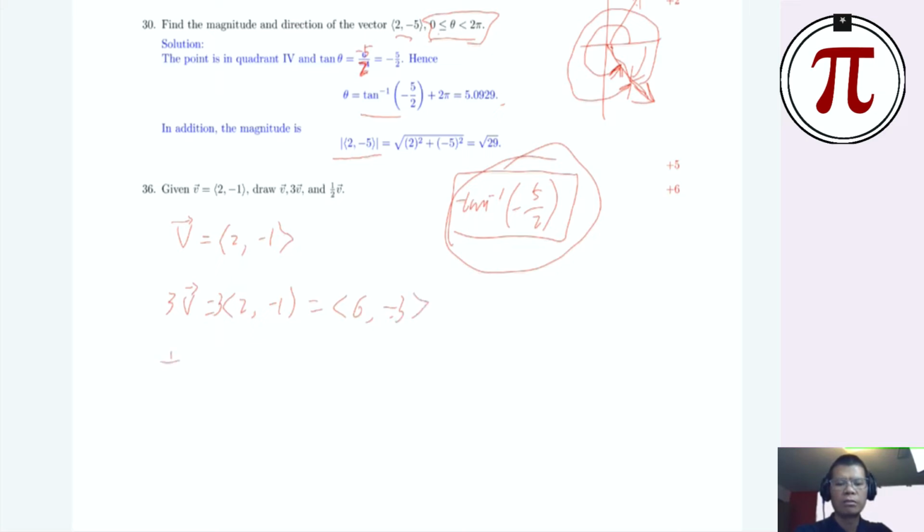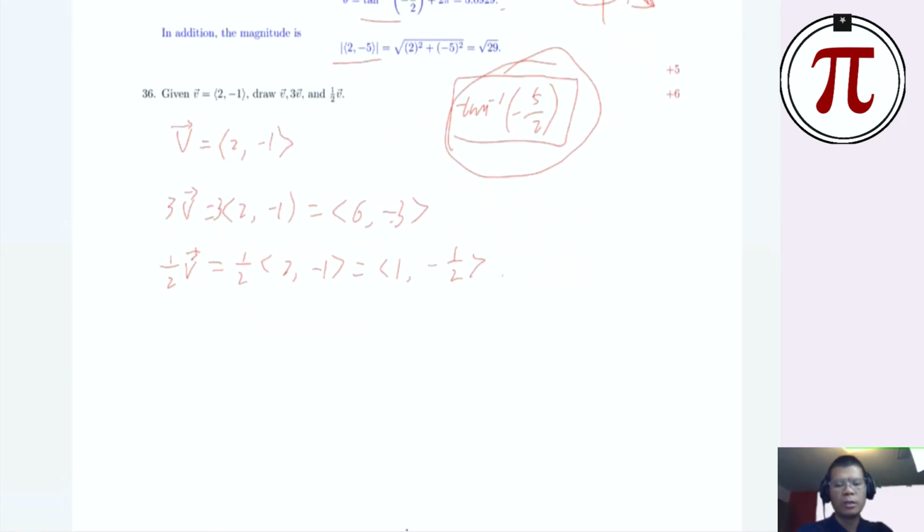And 1/2 v is going to be 1/2 times 2, negative 1, which is 1, negative 1/2. Yes. So those are the 3 vectors.